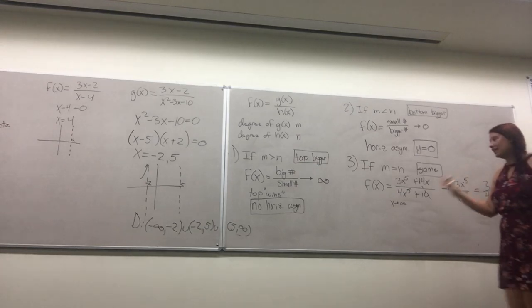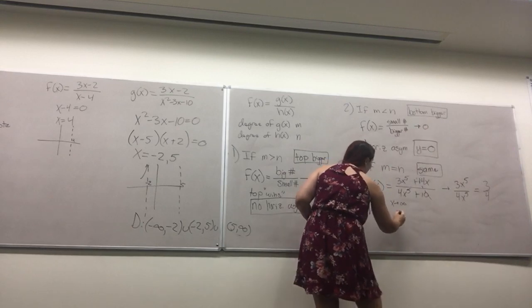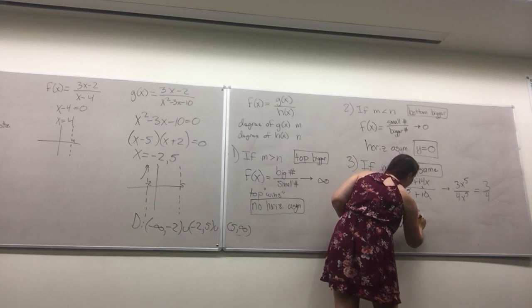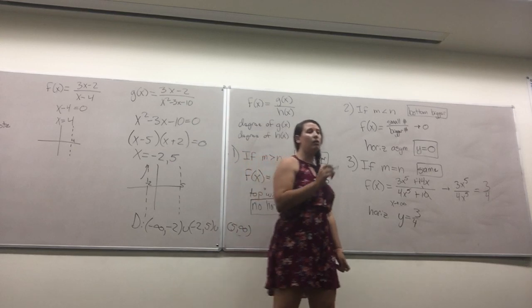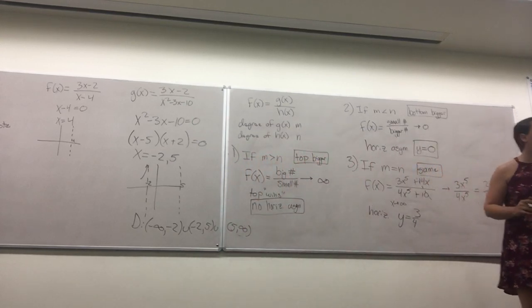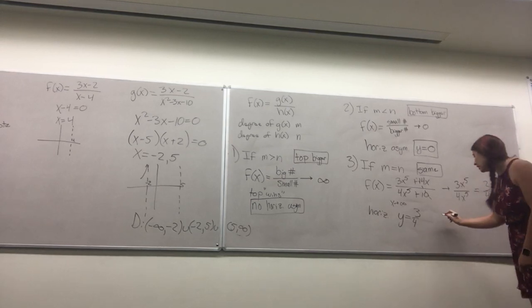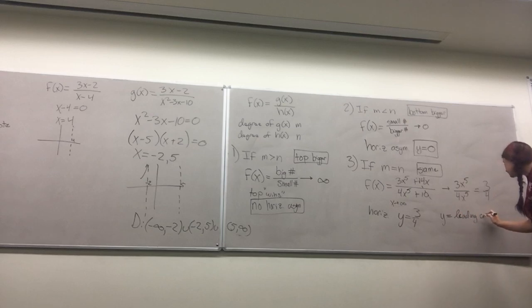So, in this example, the horizontal asymptote is y equals 3/4. Okay? So, it equals the leading coefficients of top over bottom.